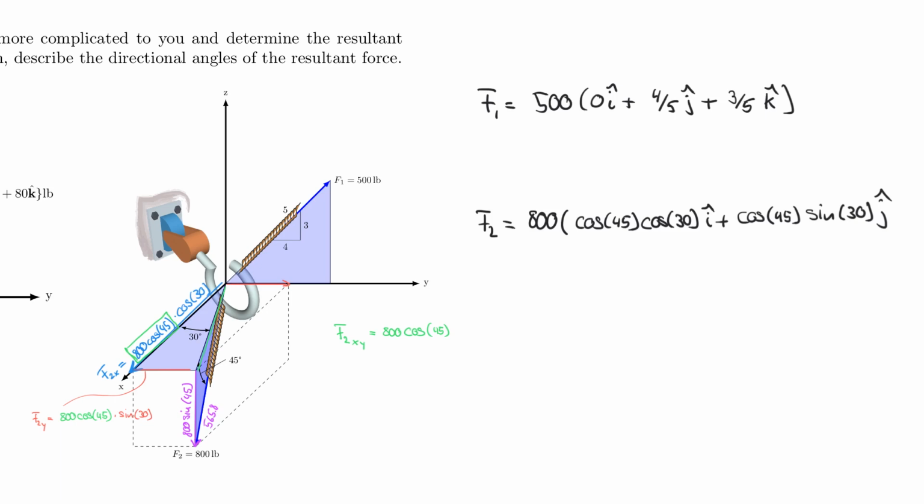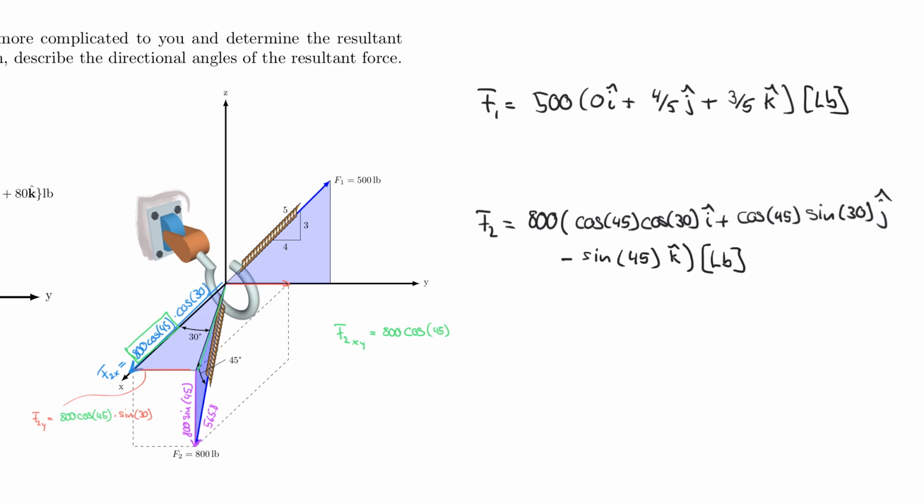It's a minus, so minus 800 times sine 45. And that is k hat. And all of this is in pounds, which of course I kind of forgot up here, so minus points for me. And now all I have to do is calculate the real values.